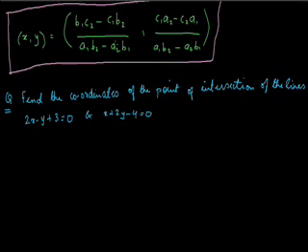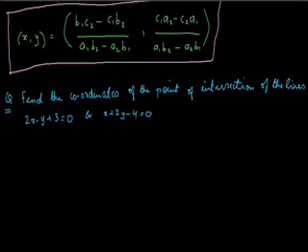A2 is the coefficient of x of the second equation of the line. So c1, a2, c2, a1, a1, b2 and a2, b1 represent the respective coefficients of x and y as well as constant terms of the two equations of the line.